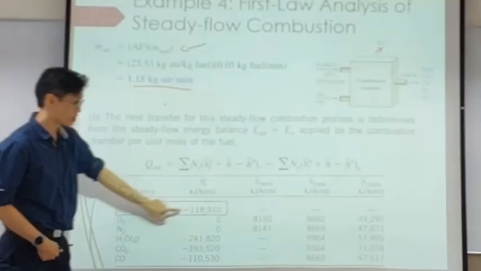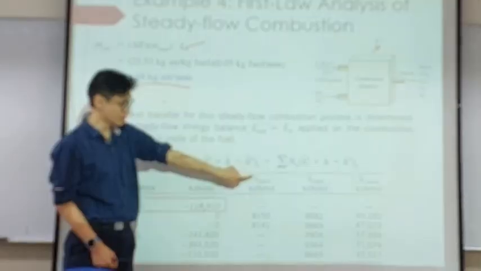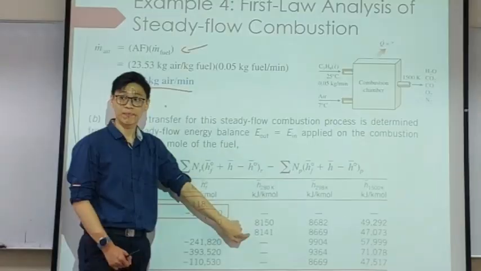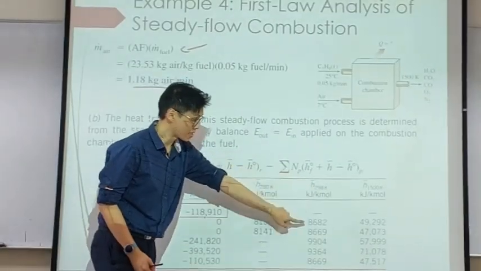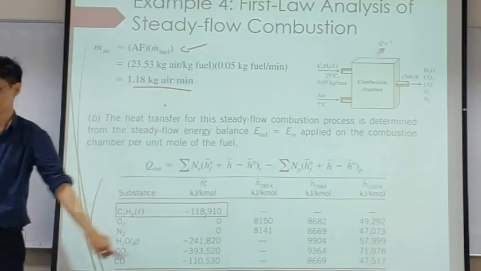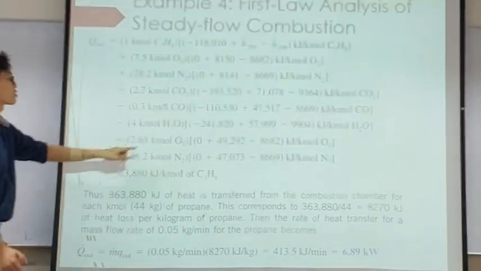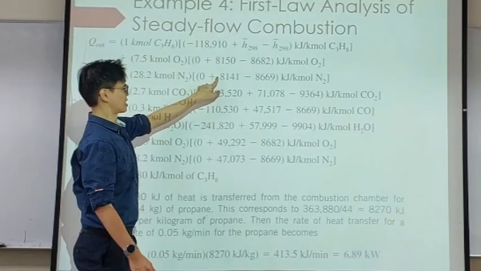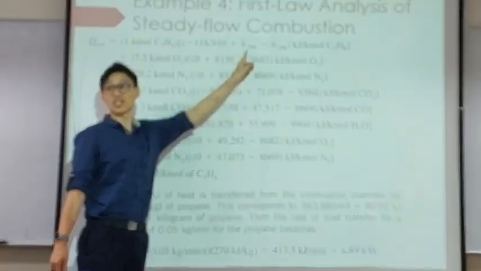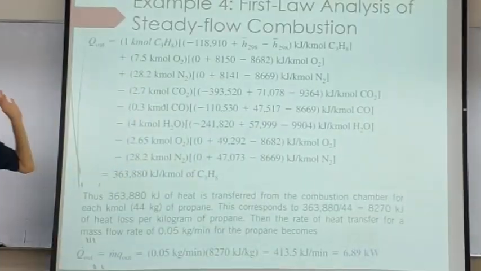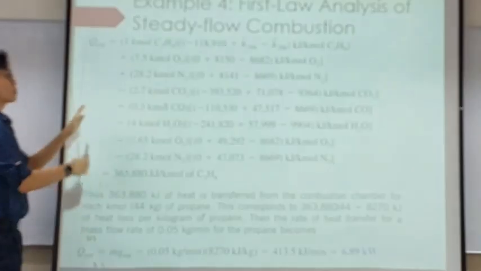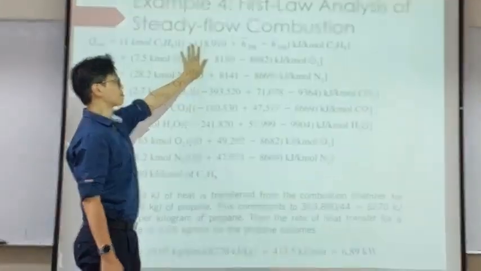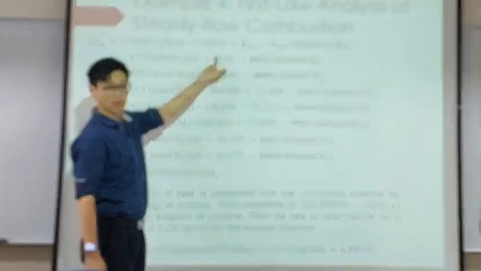So oxygen and nitrogen, you can see this is at 7 degrees Celsius, this is the enthalpy. At 25 degrees Celsius, this is the enthalpy. So this is 7 degrees minus 25. Change in the state. So once again, the first one is always the formation enthalpy.